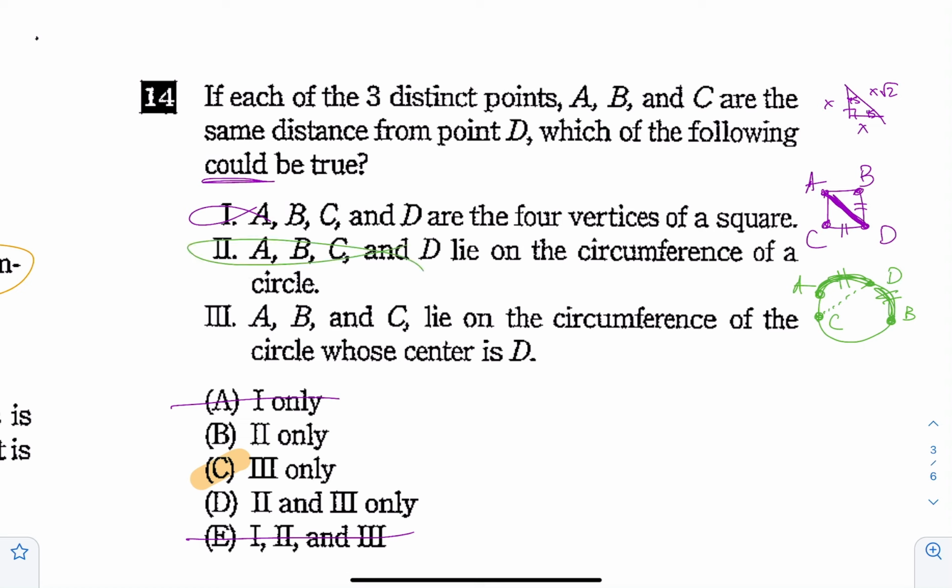So if it's on the circumference, choice 2 is wrong, which eliminates B and D, which leaves the answer as choice C.